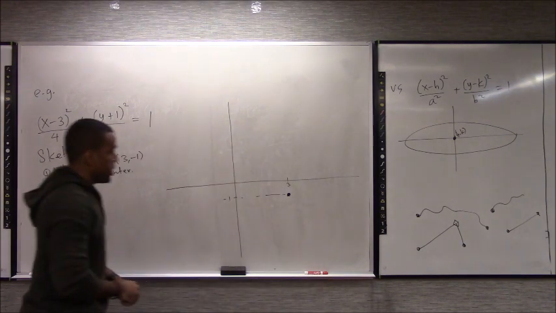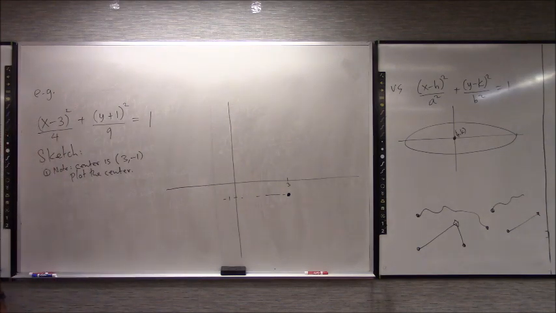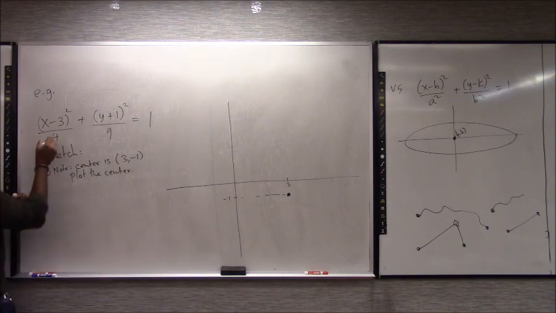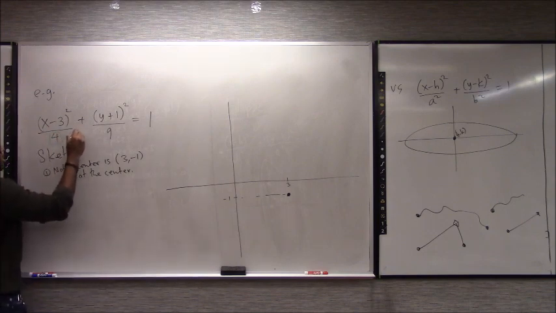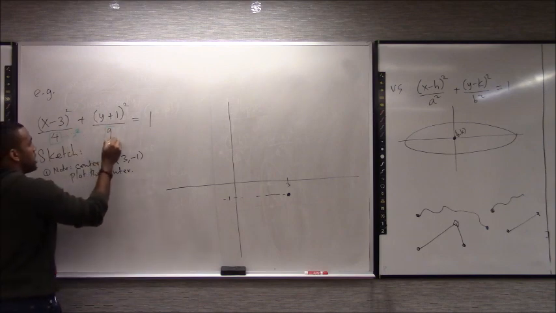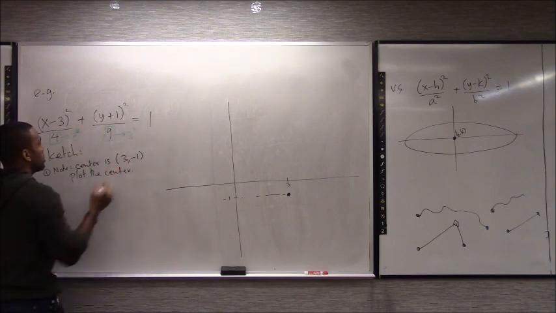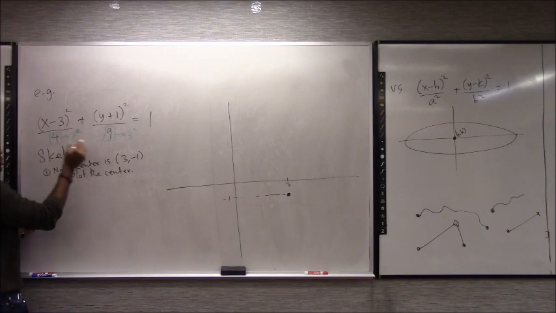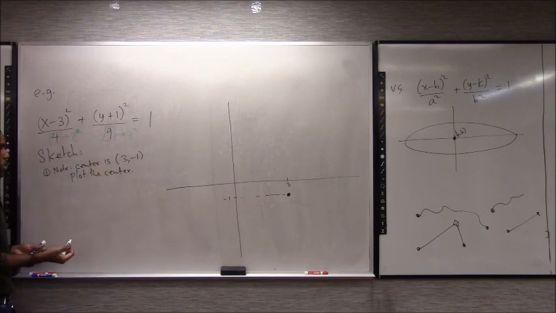Okay. Now here's what you're going to do from the center. You are going to look at the square root of these guys because you're going to think of the 4 as 2 squared, and the 9 as 3 squared. Now the base here, 2 and 3, tells you how far you move in the x and y direction respectively.